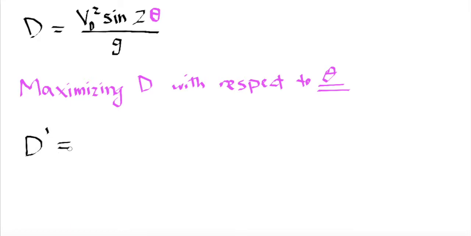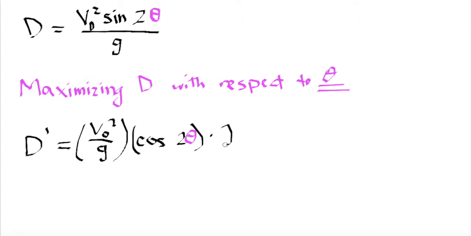So if we take the derivative of this, we can see that the derivative is v naught squared divided by g times cosine 2 theta times 2. Now, v naught squared divided by g is a constant in this case since we don't care about these variables, and the 2 is the result from the chain rule from the 2 theta in sine 2 theta.